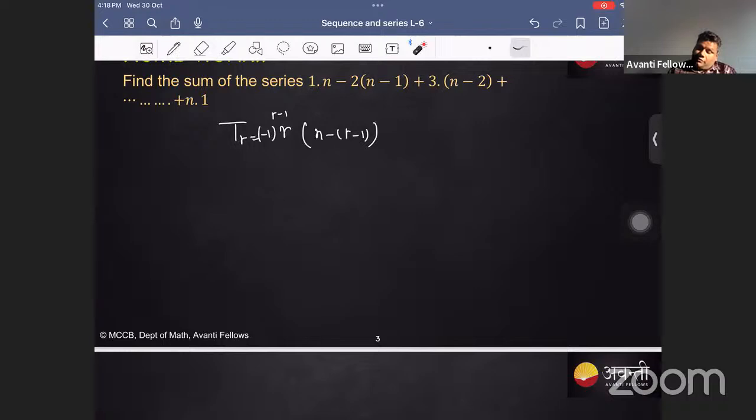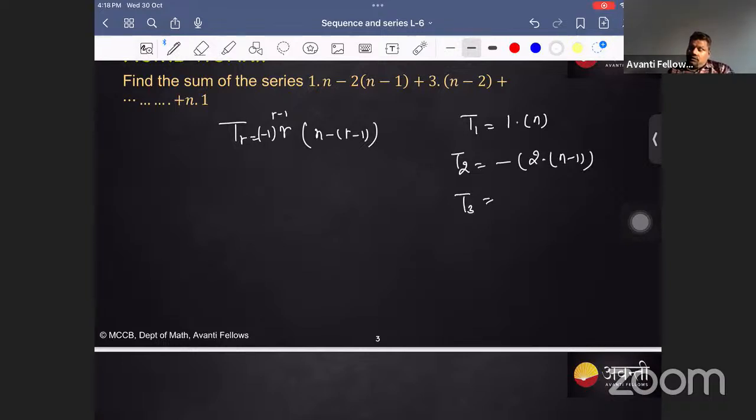If I put r equals 1, t1 will be minus 1 to the power 0, which is 1, into n, that's it. T2 is minus 2 into n minus 1, which is also correct. T3, minus 1 square is positive, so 3 into n minus 2 and so on and so forth.